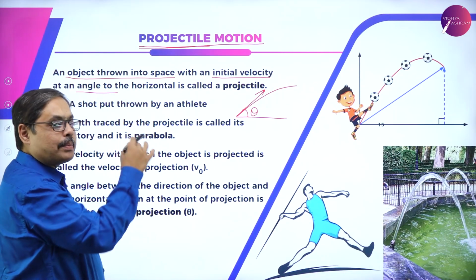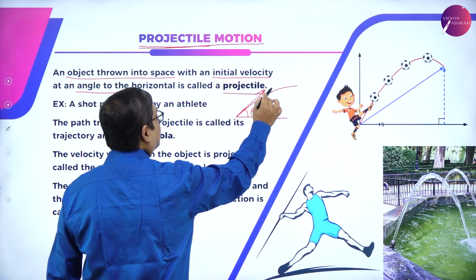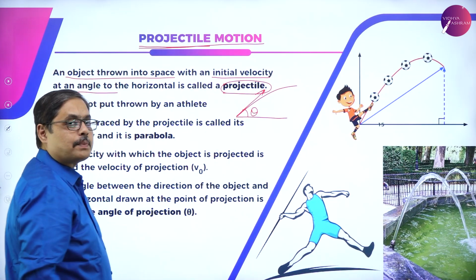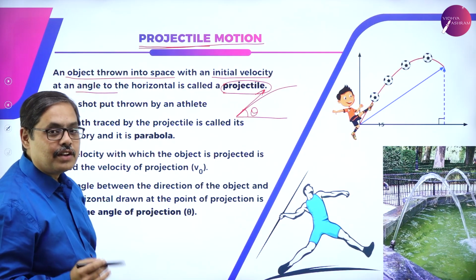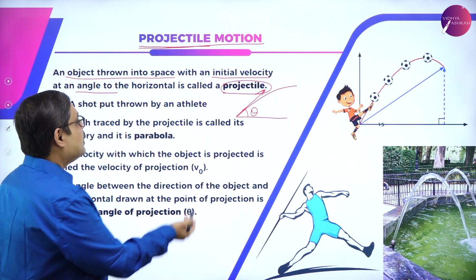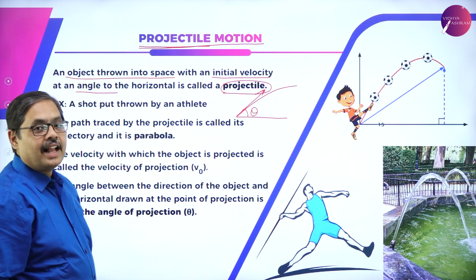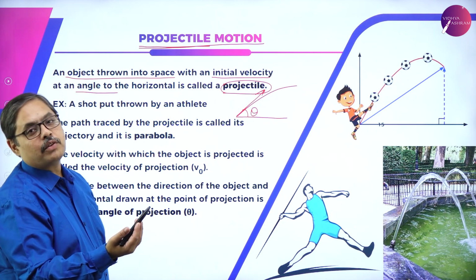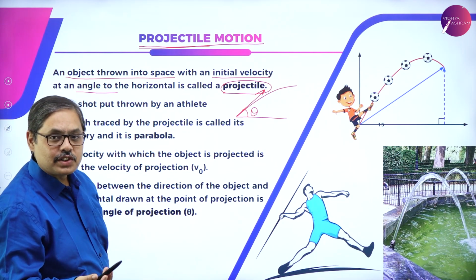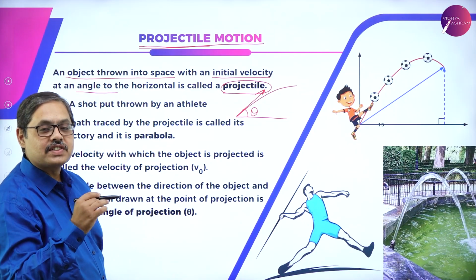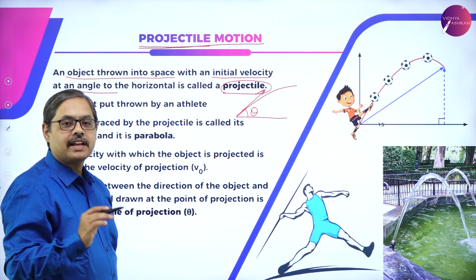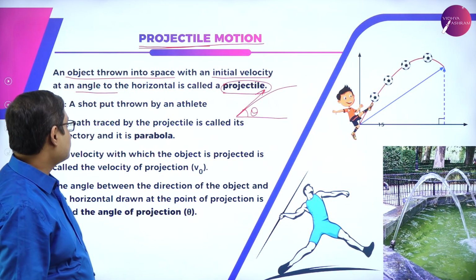This example shall give you what a projectile is. Any object thrown in space at some angle to the horizontal with some initial velocity is what is known as a projectile. As I told you, a shot put which is thrown, a javelin which is thrown, a ball which is thrown, a ball which is kicked, all these are examples of projectile motion.